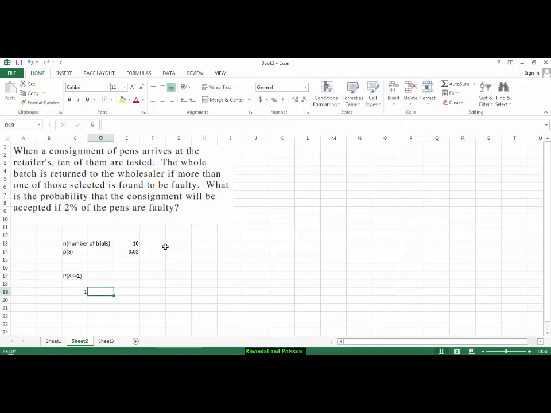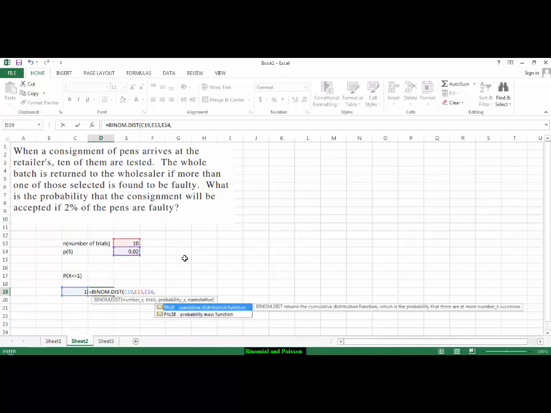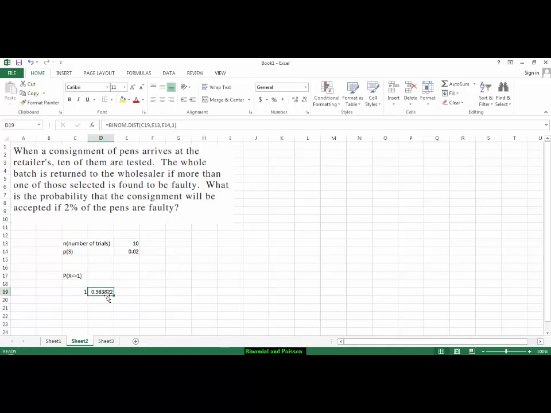So here is my 1, and I'll type the binomial function here, where my number of successes is 1, number of trials is 10, the probability of success is 0.02, and I'm looking for the cumulative function. So this is the probability I was looking for. So the probability to accept the whole consignment is equal to 0.98.